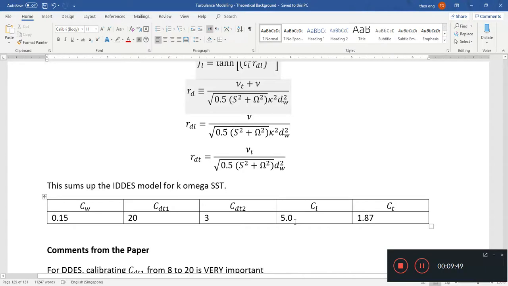I say relatively because the model formulations are very similar. Of course, you still have to test them, and the authors did test them very well and thoroughly across backstep flows, back-facing flows, and channel flows as well. So you can take a look at the paper for more details.